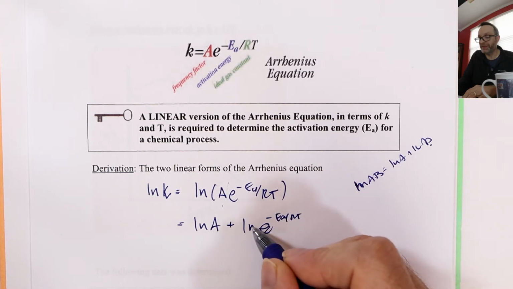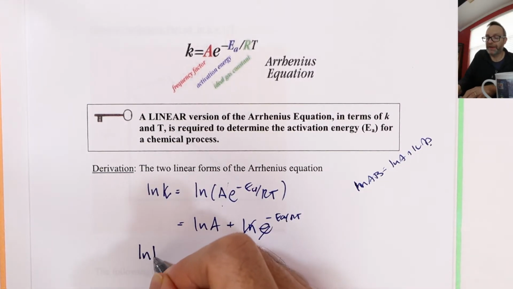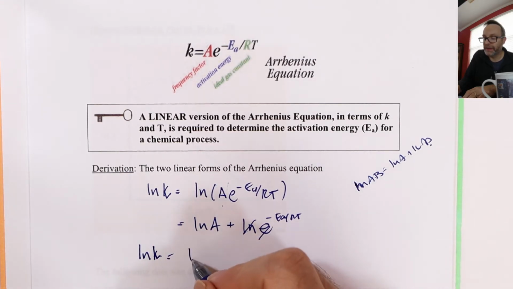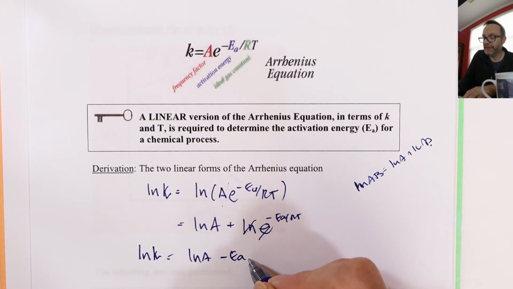Now, why do we do that? Because that's an inverse function, it's going to cancel. Therefore, ln k equals ln A minus EA, I'll put it over RT.